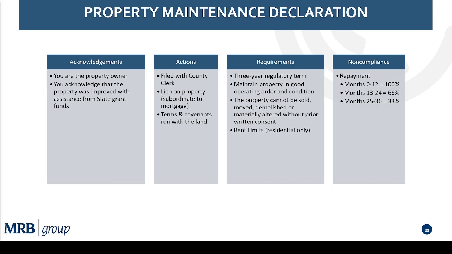In the second year, it's 66%. And in the third year, before you hit that 3-year mark, it's 33%. So it's just declining by thirds over the 3-year compliance period, which also means if worse comes to worse, you're not stuck repaying 100% for that entire 3 years. Ultimately the goal is to make it through the 3-year compliance period.